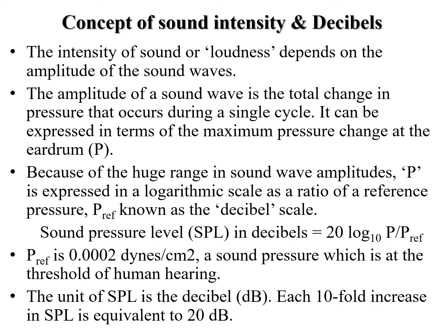Or in other words, the unit of SPL, which is decibel, if there is a 10-fold increase in SPL, the equivalent amount of increase in decibel is 20. So decibel is a logarithmic scale. It tries to quantify the sound pressure level that the eardrum receives with each type of sound.